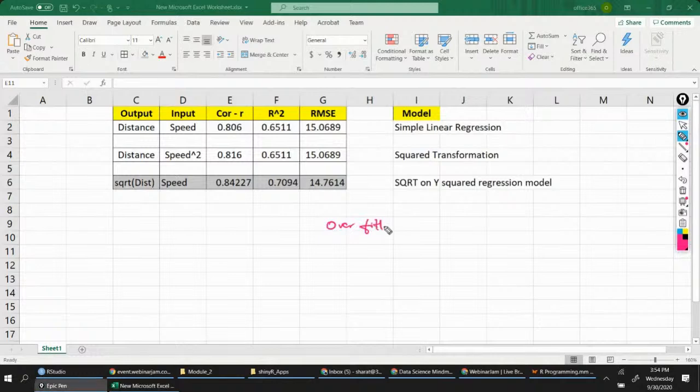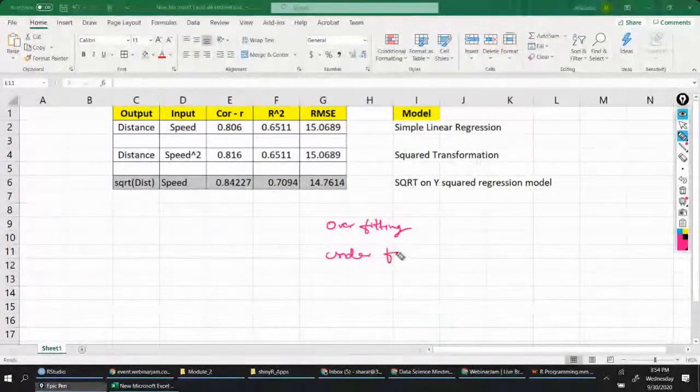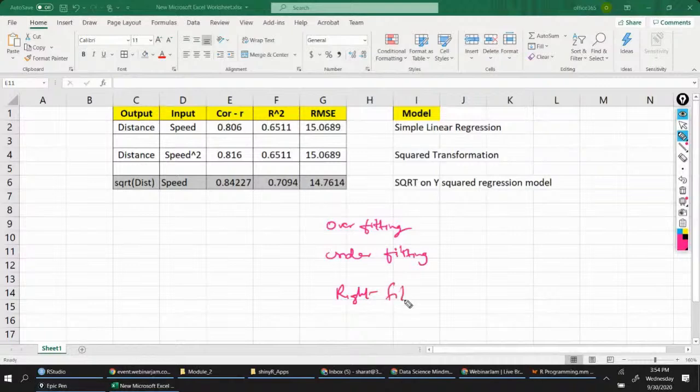Overfit, underfitting. What we need is the right fit. So overfitting is a case where you get good training results, but test data is bad. Underfitting is where train itself is bad.